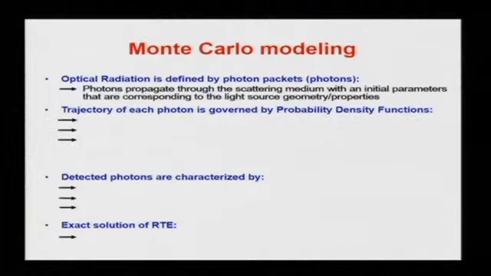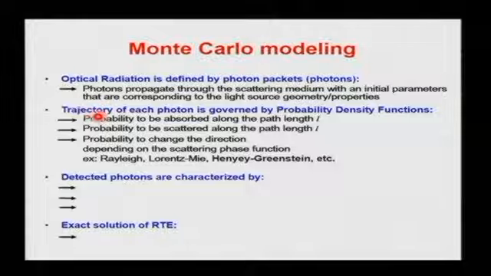Okay, and again, photons propagate through the scattering medium with initial parameters corresponding to the light source. It could be geometry, like radius, distribution, like Gaussian, polarization, and anything else. And then we count the trajectory of the photon, which is governed by a probability density function associated with absorption properties, scattering properties, and the phase function, which can differ.